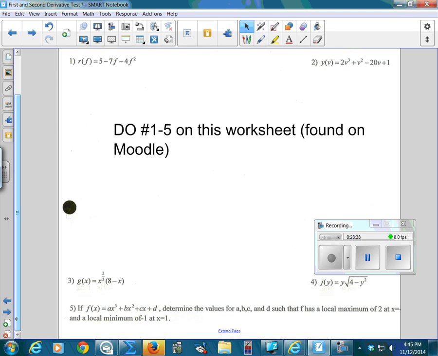There they are. You're just running the first derivative test on these 4 functions and answering 5 to graph 1 through 4 using the first derivative test to find local extrema and points of inflection.